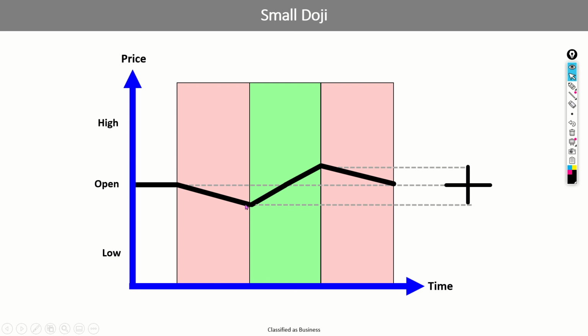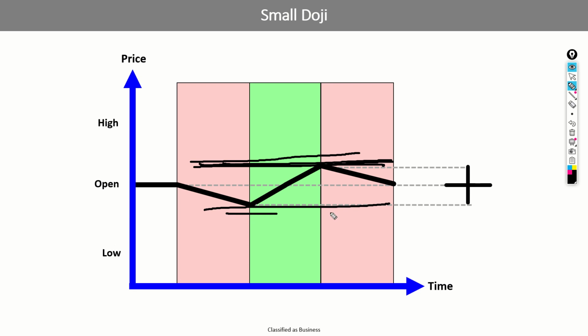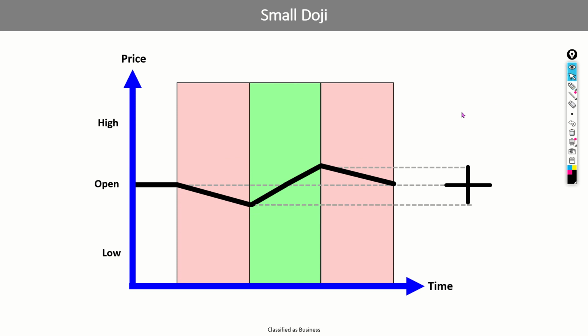Price is finding it very hard to move either way. It's not a tug of war, but both are blocking. The bears are blocking up here, and the bulls are blocking the price from going downwards. So it is constrained liquidity, we can say. Both sides are highly liquid and preventing the price from going either way.